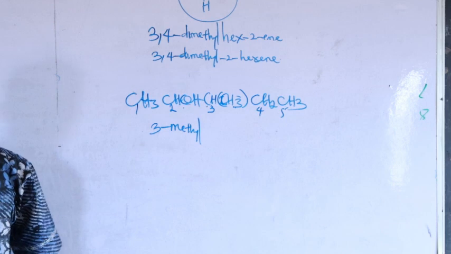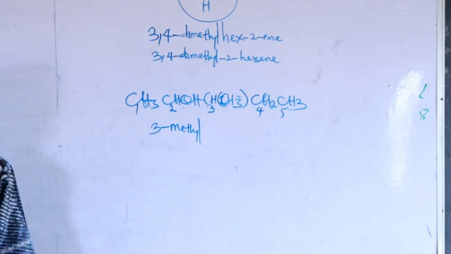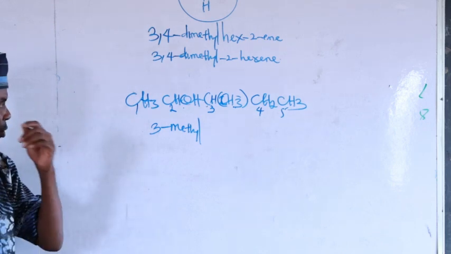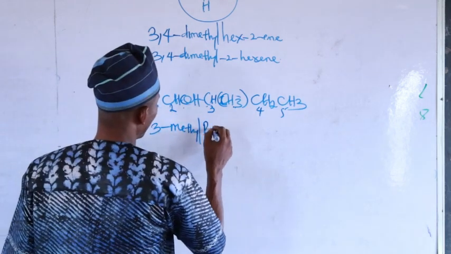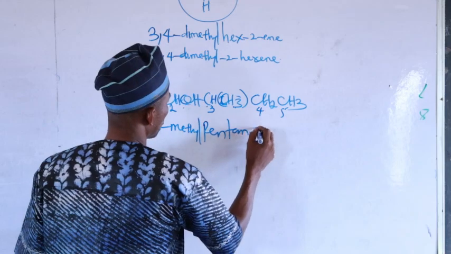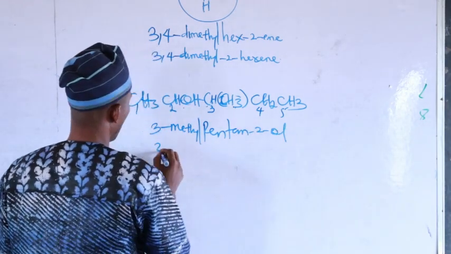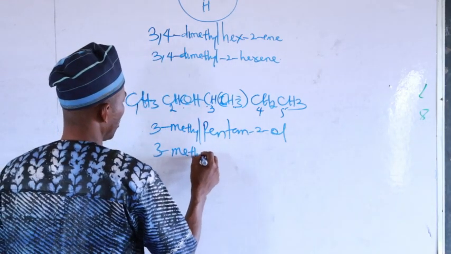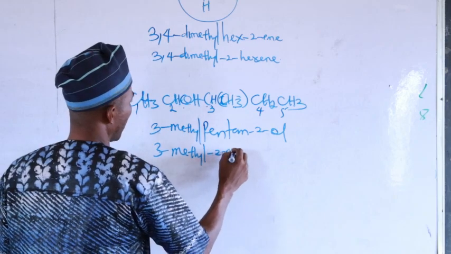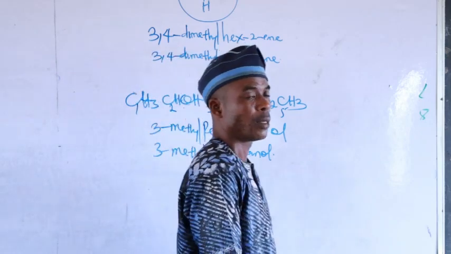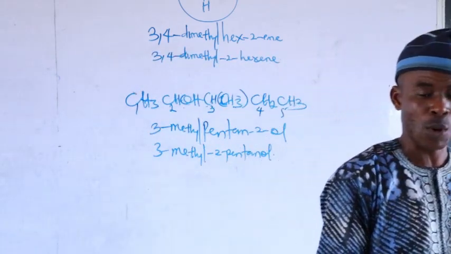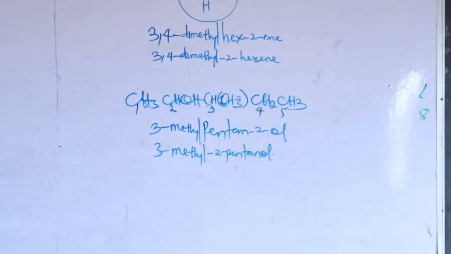Yes. 5 carbon atoms, that is what? Pentanol. But where do we have the OH attached to? That is going to be pentan-2-ol, or 3-methyl-2-pentanol. So 3-methylpentan-2-ol, or 3-methyl-2-pentanol.